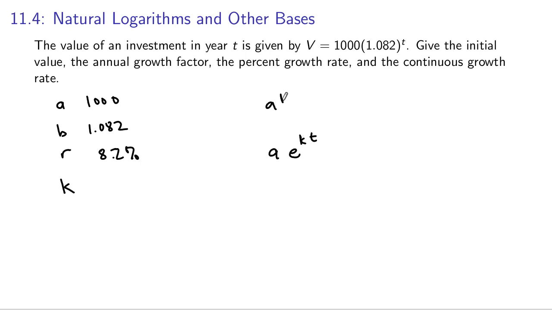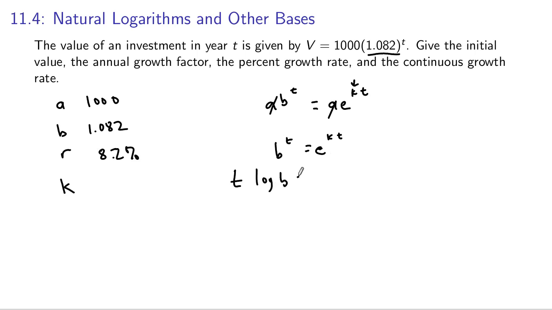So we know a b to the t has to equal this a e to the kt. So writing a e to the kt on the other side of the equation, we can figure out how to convert the growth factor into the continuous growth rate, because here we can cancel a, and b to the t is e to the kt. If we take the logarithm of both sides, here we have t log b is kt log e.